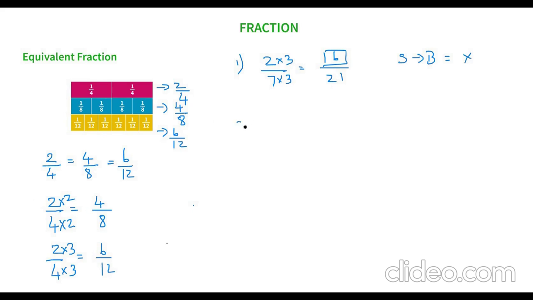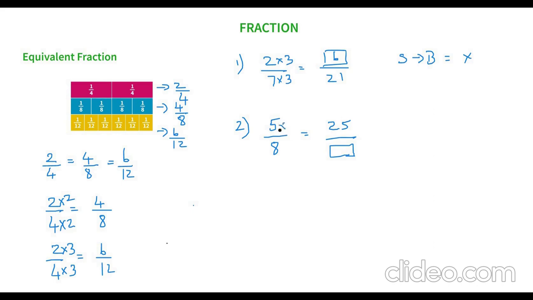Now let's take another example. We have 5 by 8, and here the numerator has been given as 25 and we don't know what the denominator is. The denominator is missing. So here, the same way as we did in the previous question, we are going to compare what is given. So 5 is a smaller number going to a bigger number. The same thing, smaller number to bigger number, so it is multiply.